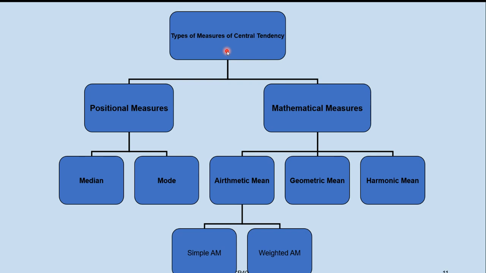Central point means, for example, if the data is 0 to 100, the central point is 50, 51, so on, or 50.5. So the value is tending towards the average central point.